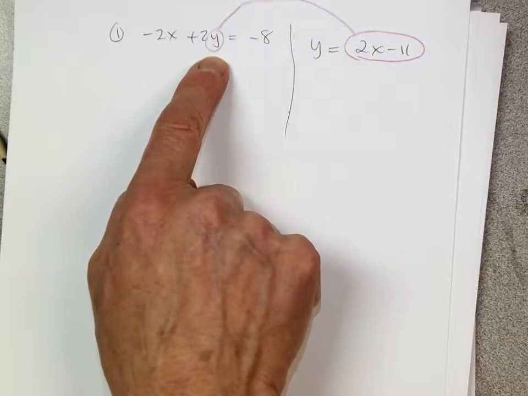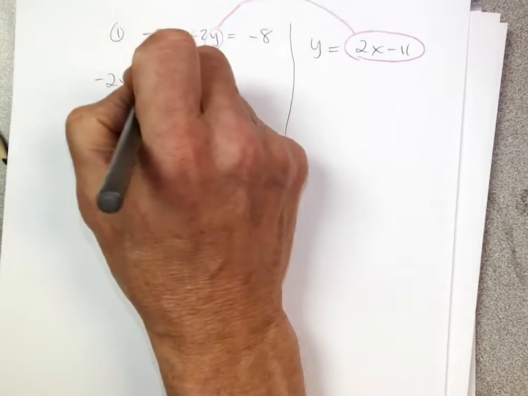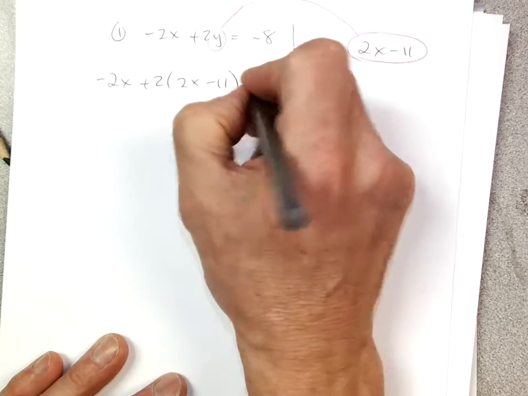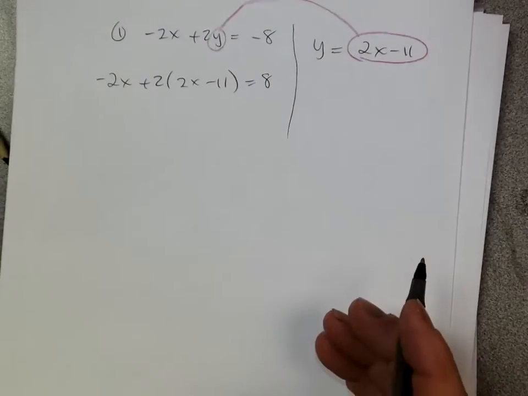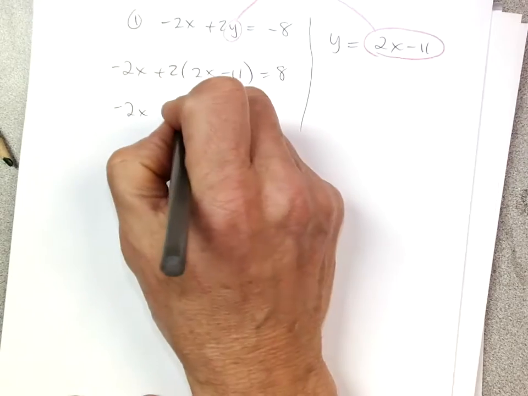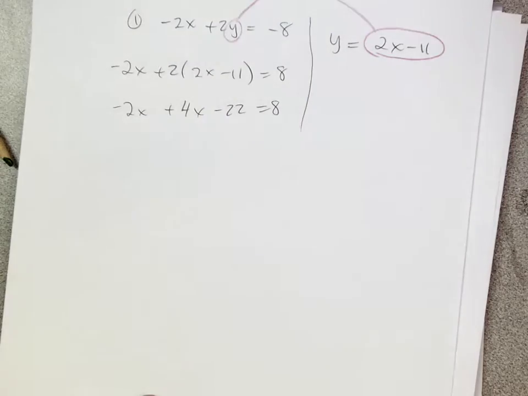So I'm going to rewrite the first equation now. I'm going to make it negative 2x plus 2 times my 2x minus 11 equals negative 8. And I'm going to solve it now, okay? Minus 2x plus 4x minus 22 equals 8.